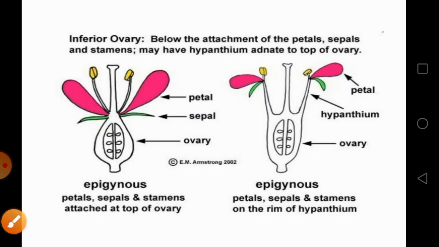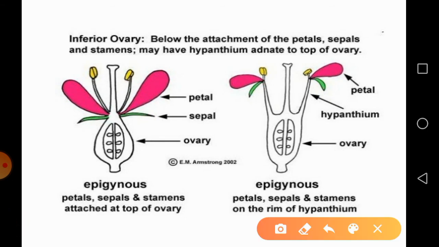Then inferior ovary, if you are having a epigynous condition, so epi means above, gynous means gynoecium. So these petals, sepal and stamens are attached above the ovary or at the top of ovary.